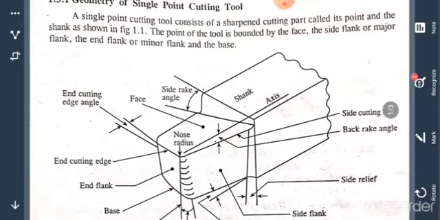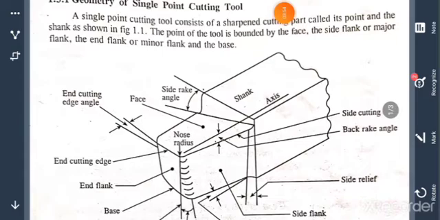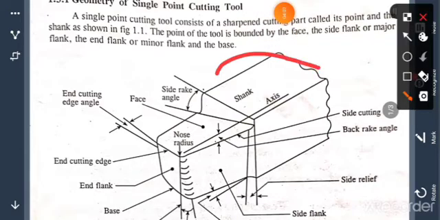A single point cutting tool consists of a sharpened cutting part called its point. Here you can see, this sharpened cutting point is called the point. That's why we call it a single point cutting tool. And here you can see the shank is used to hold it in the tool holder.